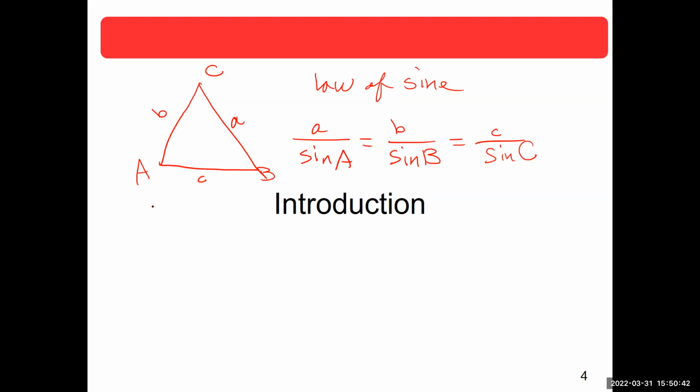How many variables do we have here? Six, you're right. We have three angles and three edges.